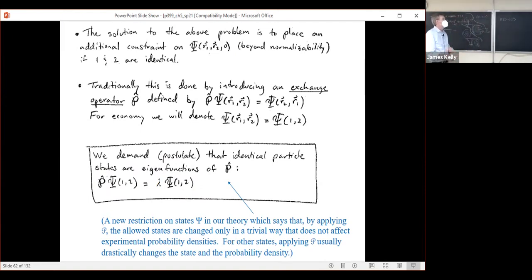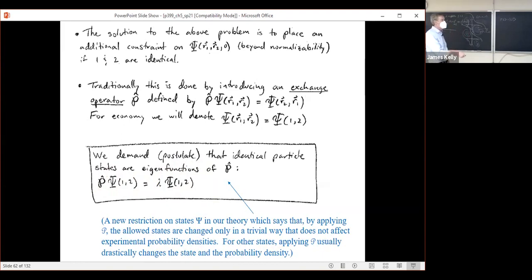So that's saying the allowed states, when you apply P, are changed only in a trivial way that doesn't affect the experimental probability densities. If you're in one of these states, you better get a multiple of the same thing back again, and then the probability density is going to be the same, and then we won't have this problem of two distinct states, right?